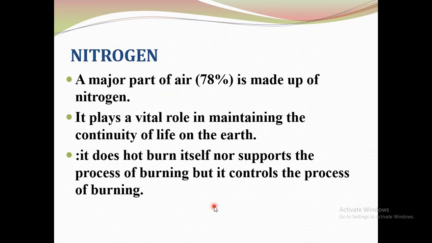Now let's see one by one the gases present in air. The first one is nitrogen. A major part of air, about 78%, consists of nitrogen. It plays a very important role in maintaining life on the earth.